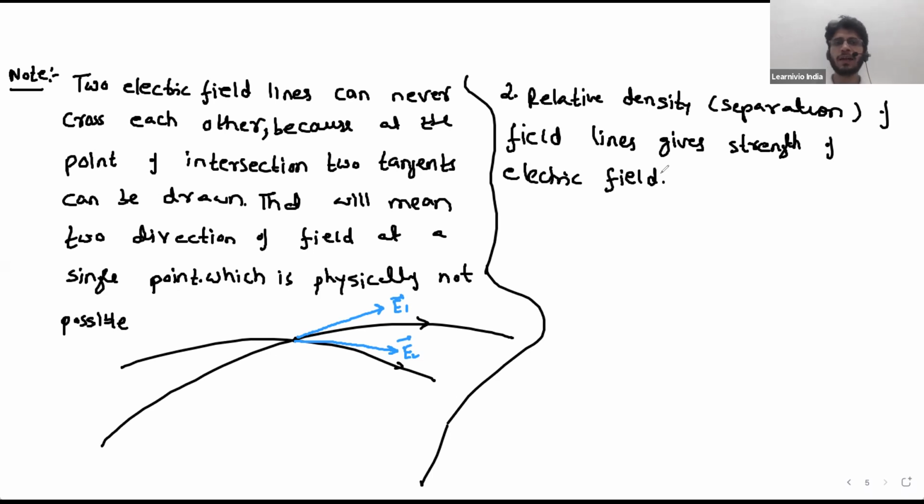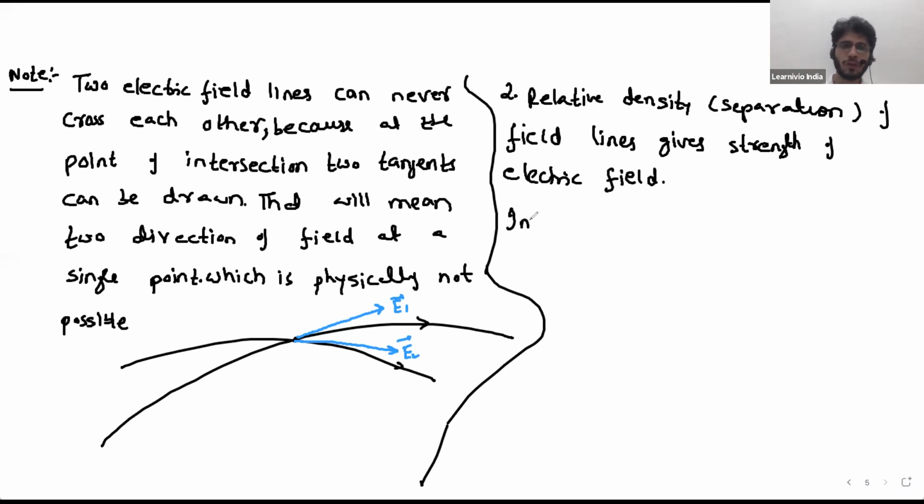When I say density, that means separation of the field lines. In one region, if field lines are very close, that means the strength of field is strong in that region. And if the field lines are comparatively far apart, then the field is comparatively weak. So this relative density or relative separation of field lines will give the strength of electric field.